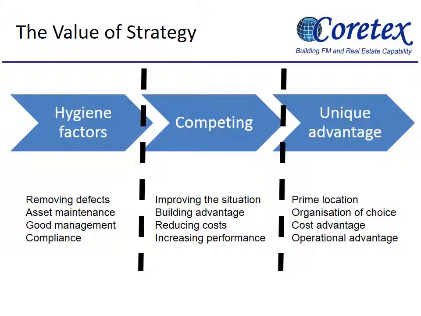But real estate in this bracket is probably seen as little more than a utility and probably much more as a cost. But as the approach to property becomes more strategic, more aligned with your organisation's core objectives, it becomes more valuable to the organisation and harder, therefore, for competitors to copy.